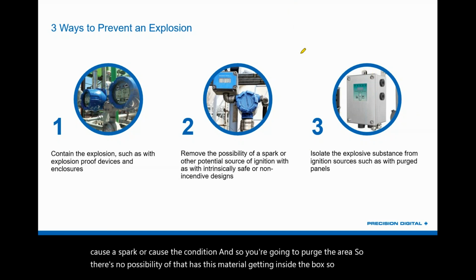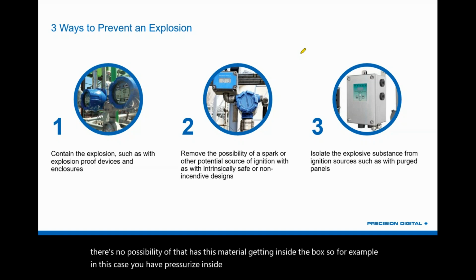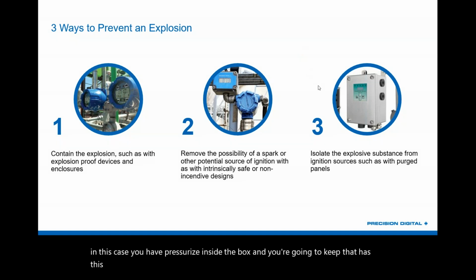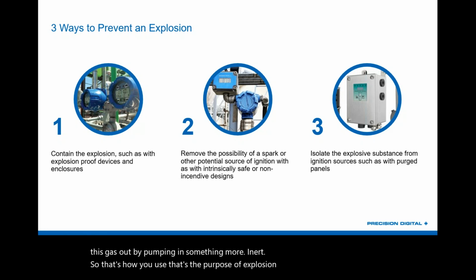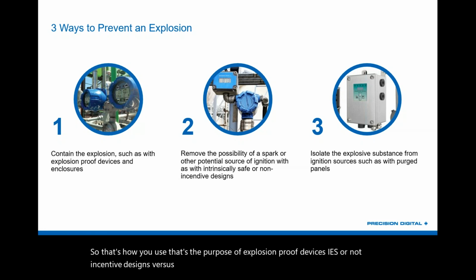In this case, you have pressurized inside the box, and you're going to keep that hazardous gas out by pumping in something more inert. So that's the purpose of explosion-proof devices, IS or non-incendive designs, versus purge devices. They all really attack a different element in that equation of what causes an explosion.